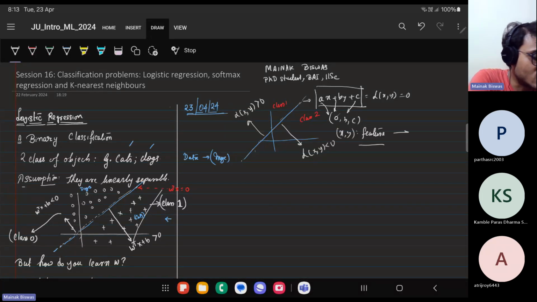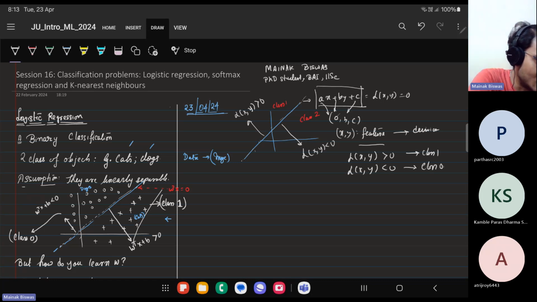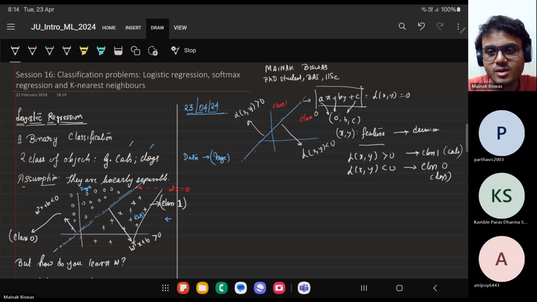And I'll get a decision, right? So what decision will you take? If L of X,Y is greater than 0, you will say class 1. And if L of X,Y is less than 0, we will say class 0, or cats and dogs, or class 2 here, dogs. Let's write 0 for consistency. Okay, clear? I hope it is clear, right?